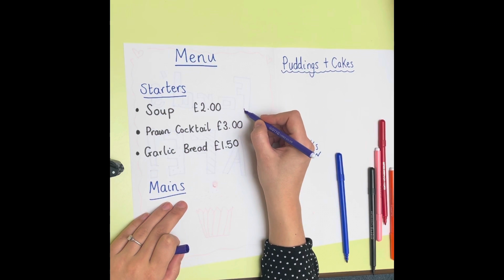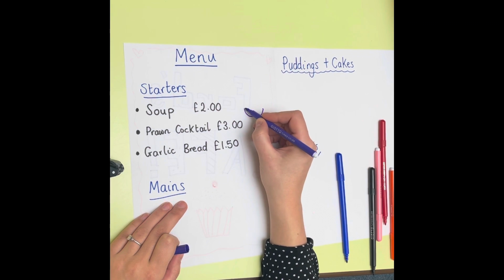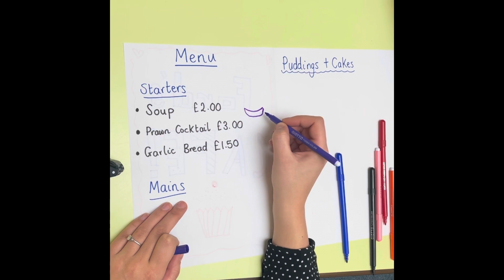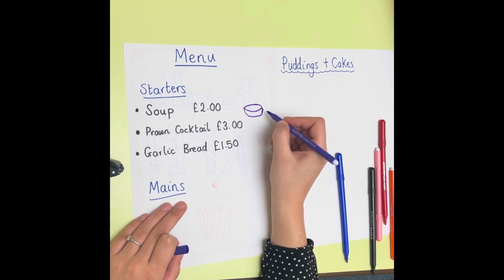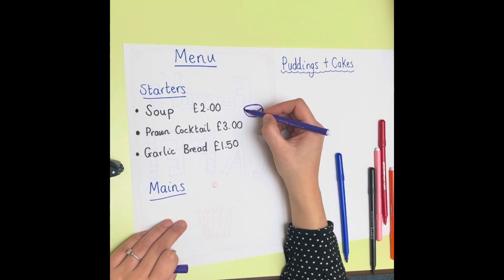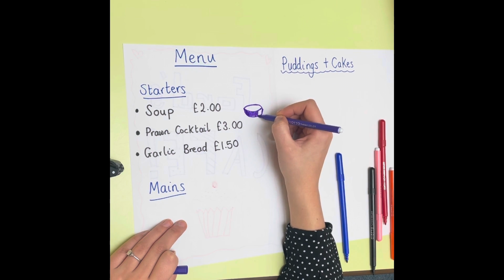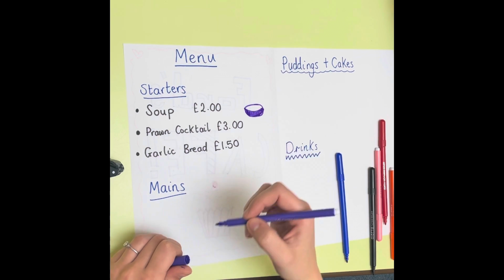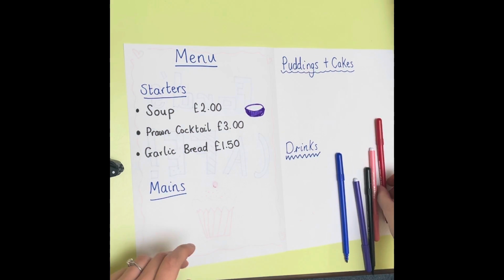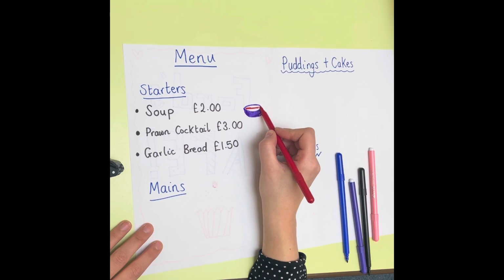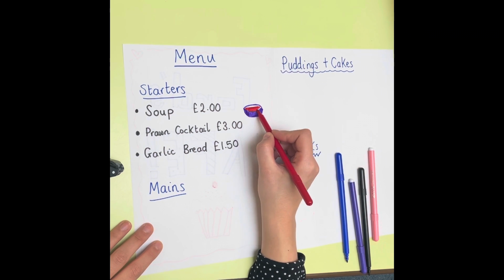Now, not all of the things on your menu are going to have a picture, just a few things. So not the whole menu, but just a few things you might want to illustrate. And I'll pop in my tomato soup, nice red soup to eat.